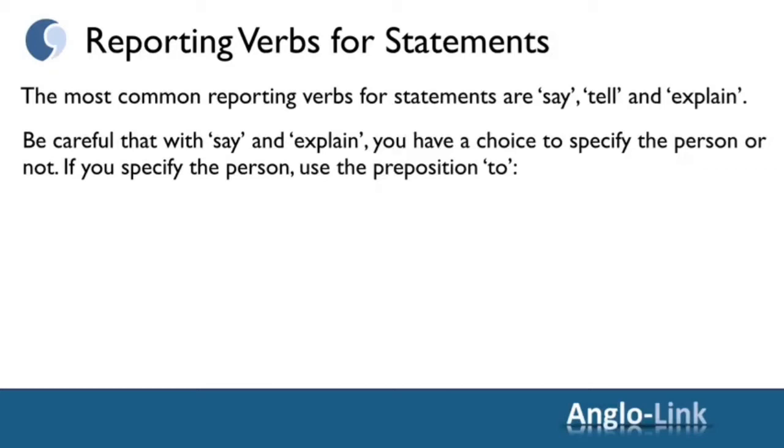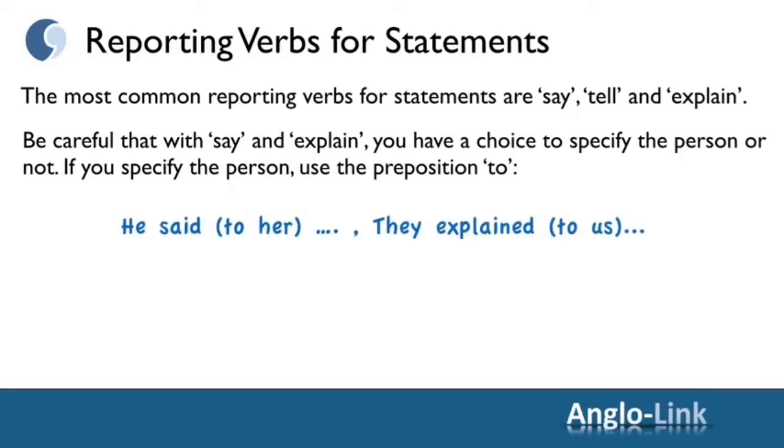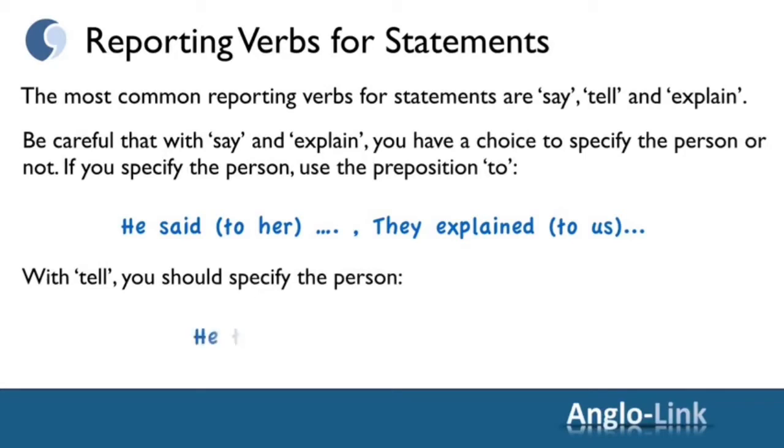If you specify the person, then you must use the preposition to. For example, he said to her, or they explained to us. With tell, you should specify the person. So the sentence will read, he told her, or they told us. I hope that is clear.